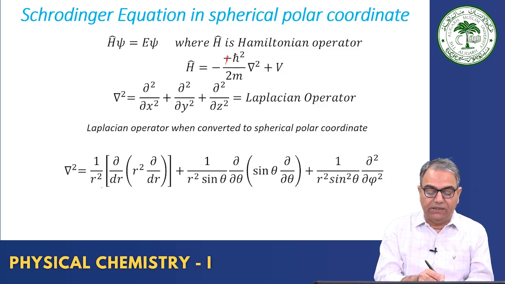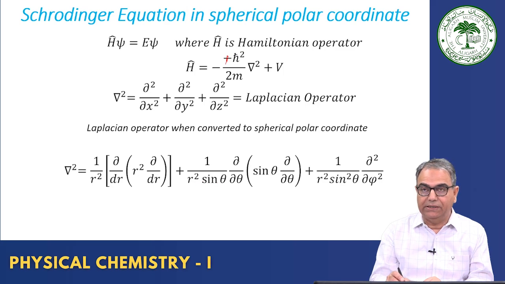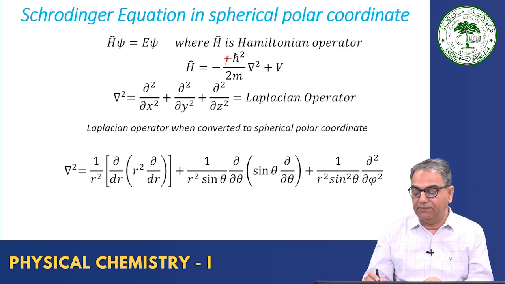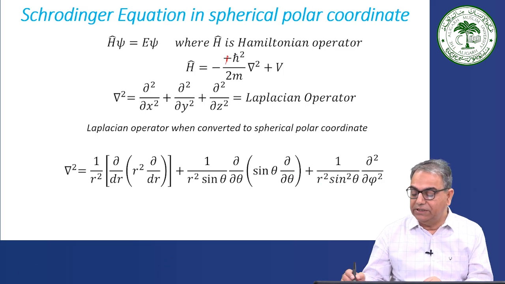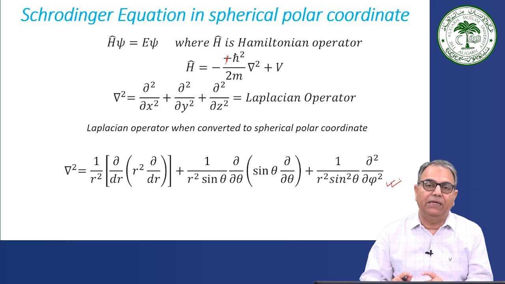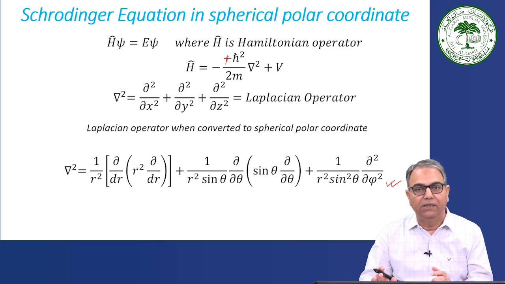Del squared is 1 by r squared del by del r of r squared del by del r, plus 1 by r squared sin theta del by del theta of sin theta del by del theta, plus 1 by r squared sin squared theta del squared by del phi squared. This is an equation which you will have to remember. Same way as you remember the Schrodinger wave equation, del squared psi plus 8 pi squared m by h squared E minus V psi equals 0, the most fundamental equation of quantum mechanics, you will have to remember this equation also.